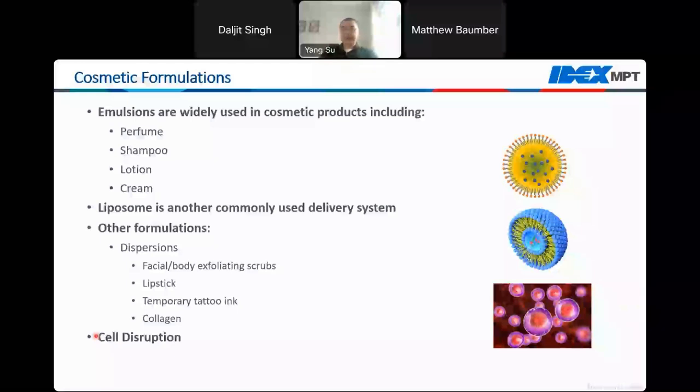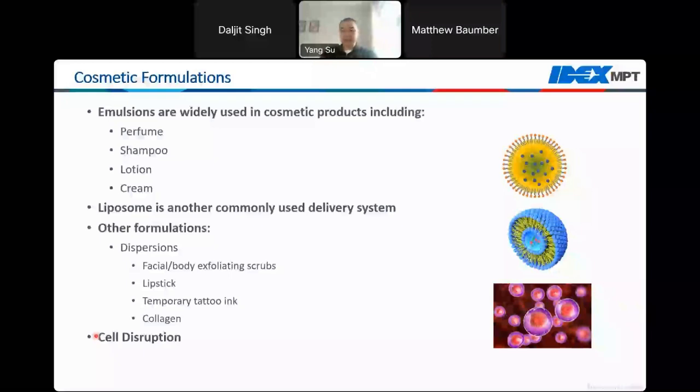Liposome is also another commonly used system that can help encapsulate and deliver functional cosmetic ingredients.